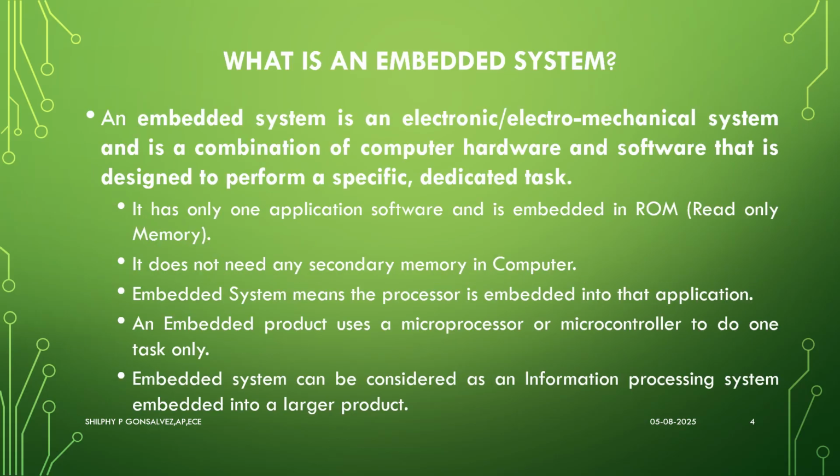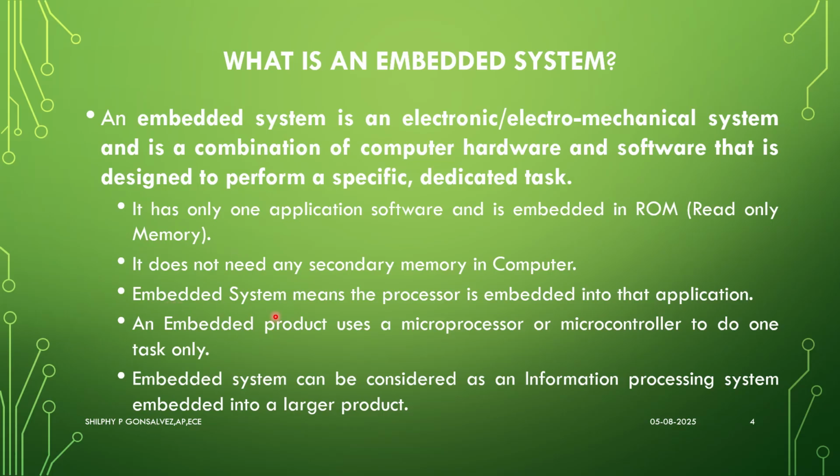So what is an embedded system? An embedded system is an electronic, or it can be said an electromechanical system, and it is a combination of both hardware as well as software, which is designed to perform a dedicated task. And it has only one application software and is embedded in the ROM, read-only memory, and it does not need any secondary memory as in a computer because it is embedded in ROM itself.